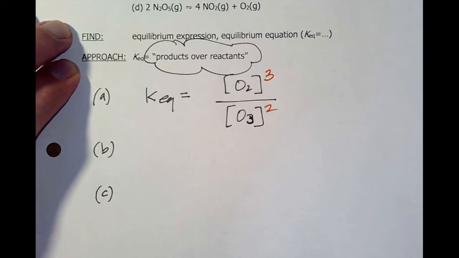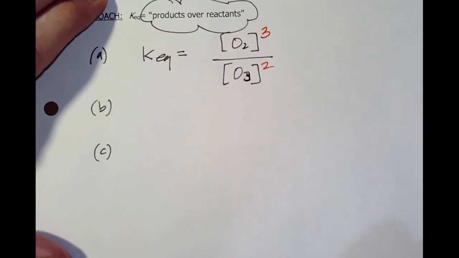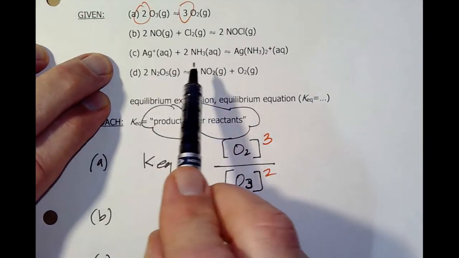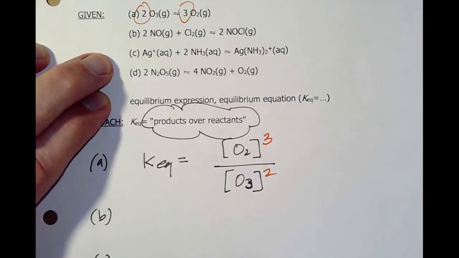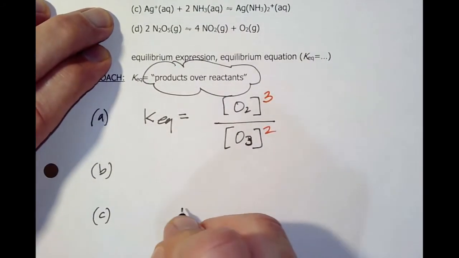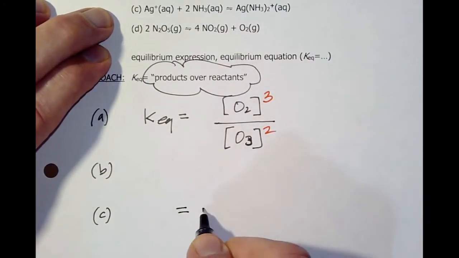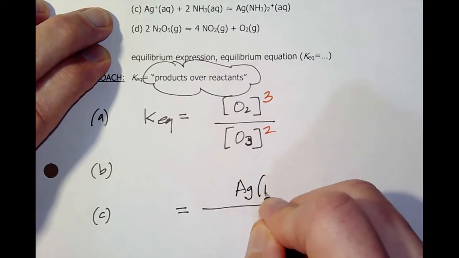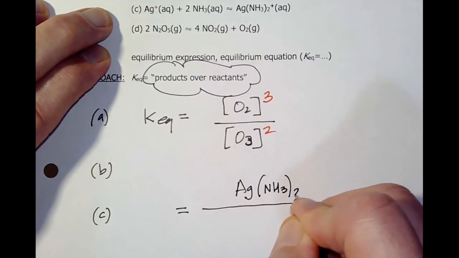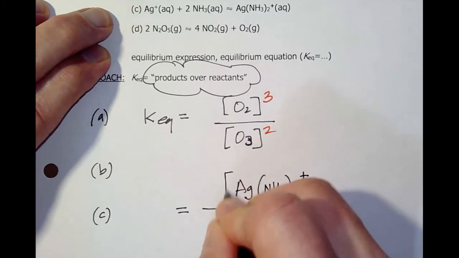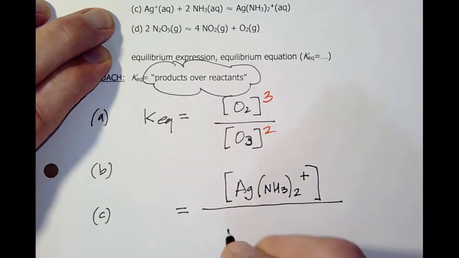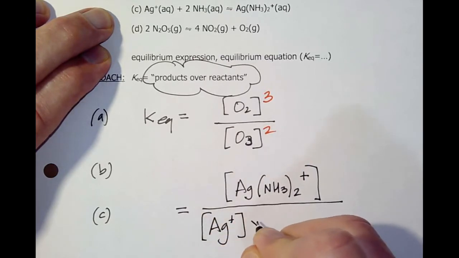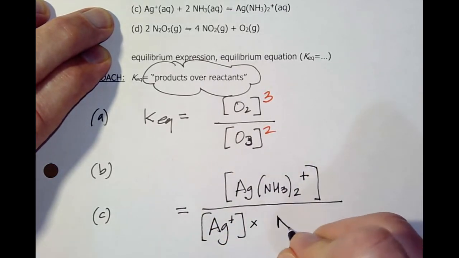Okay, let's look at C, for example. Silver ions react with ammonia to form this other funny looking ion. So my K equilibrium, I'm not going to keep writing KEQ, equals Ag(NH3)2 plus over silver ion concentration times the ammonia concentration.